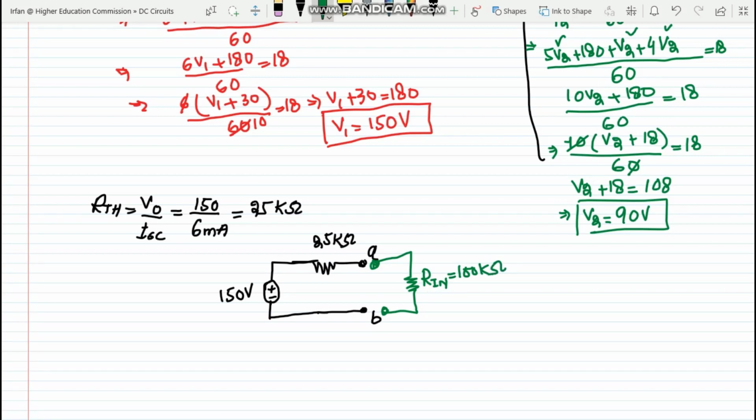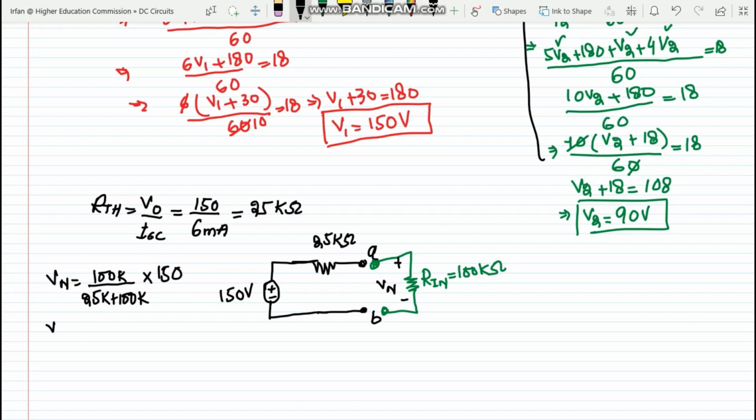As the internal resistance of this voltmeter is 100k, in order to find the voltage across it, I can use any method, but let me use the voltage divider method. In the voltage divider method, I take the resistor across which I want to find the voltage, divided by the summation of the resistances in series, multiplied by the source voltage.